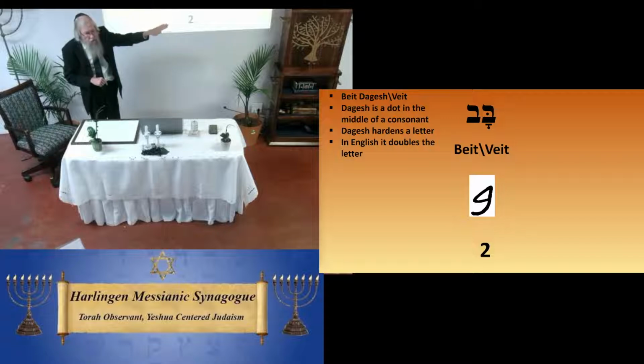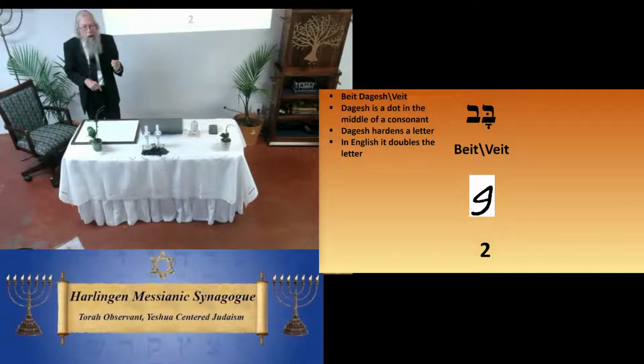S-H-A-B-B-A-T. A word related to Shabbat, which we're coming to in a couple of days, a Moed, a festival related to Shabbat. It comes from the same root word, but it does not have a dagesh in it, is Shavuot. Sheva. Say Sheva. That's where we get our word Shabbat from.